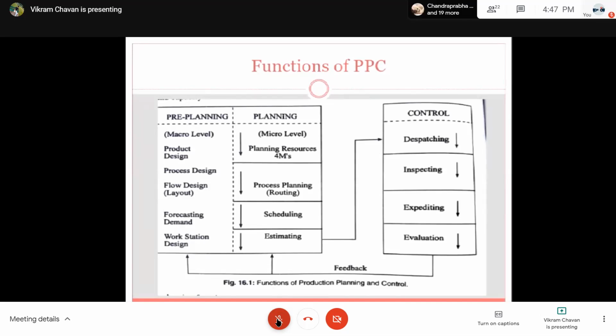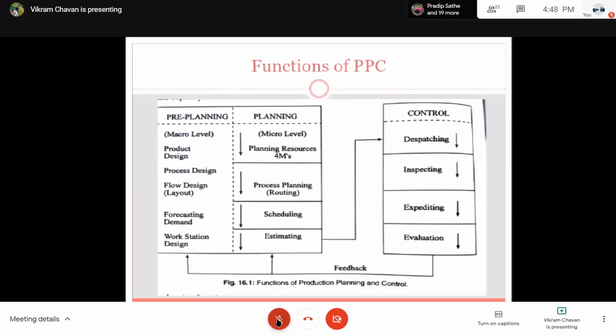In pre-planning, we are not going into detail. We are just roughly planning for the project or the production, just outlining the plan. These are our constraints, this is our capacity, these machines are available, and we need to purchase this machine to start this new business or new product.